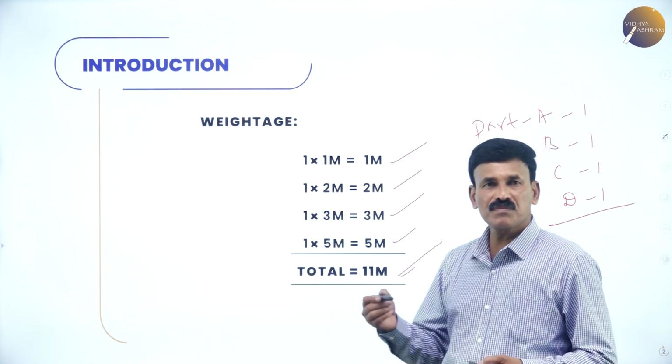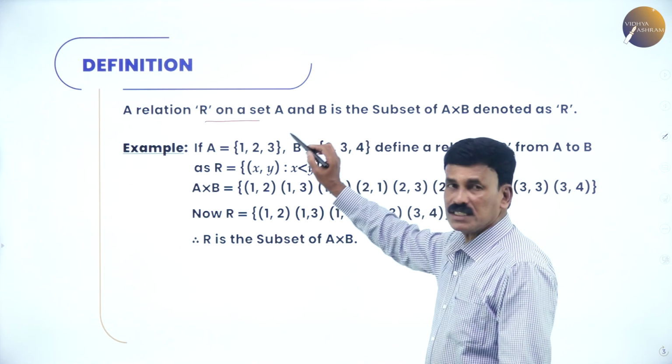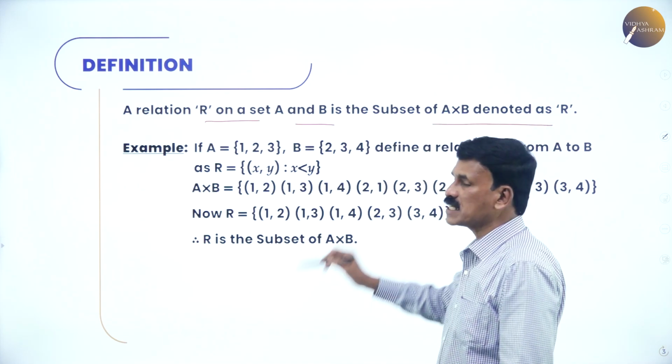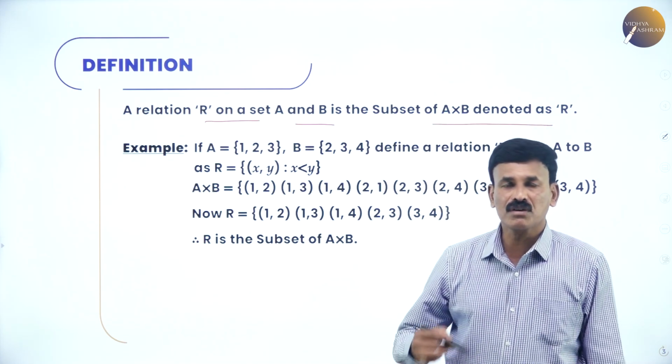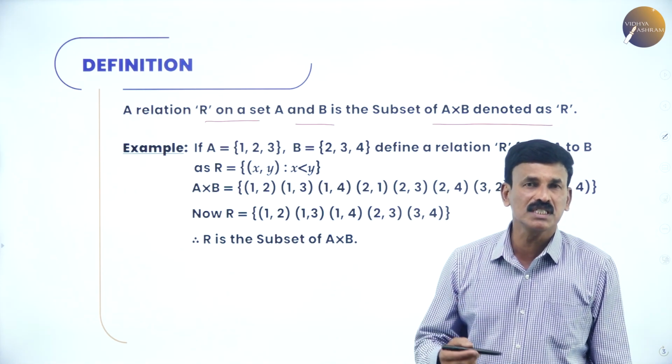Now let me come to the first 1 mark question. A relation R on a set A and B is a subset of A cross B. What is A cross B?